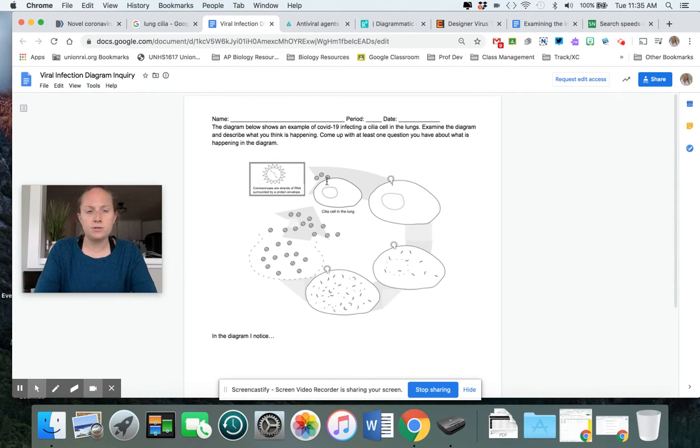What viruses do is hijack that system. If they have similar matching little Velcros on the outside, if their proteins match the proteins on the outside of the cell membrane, then the cell thinks it's just some kind of food coming in, and it lets it in. It brings it into that endosome that you saw in the video.